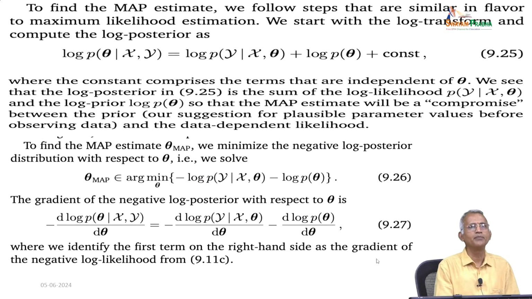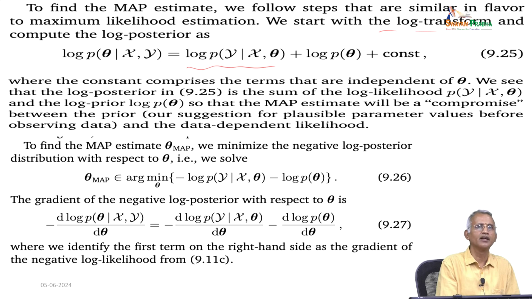To find a MAP estimate, we follow steps that are similar in flavor to maximum likelihood estimation. We start with the log transformation and compute the log posterior. Therefore, log of p of theta given x, y equals log of p of y given x, theta plus log of p of theta plus a constant, where the constant comprises the terms that are independent of theta.